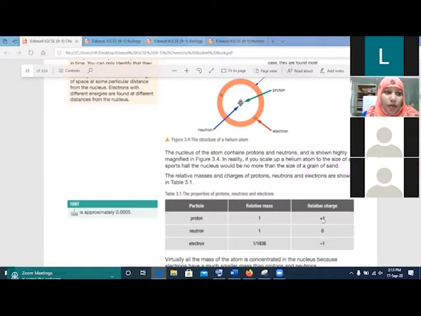One proton has one positive charge, and one electron has one negative charge, while the neutron has 0 charge. The relative mass of the proton and neutron is 1, while the electron's relative mass is 1/1836, which we can consider negligible. So the electron is nearly massless. That is why all the mass of the atom is concentrated in the central nucleus, which contains protons and neutrons.